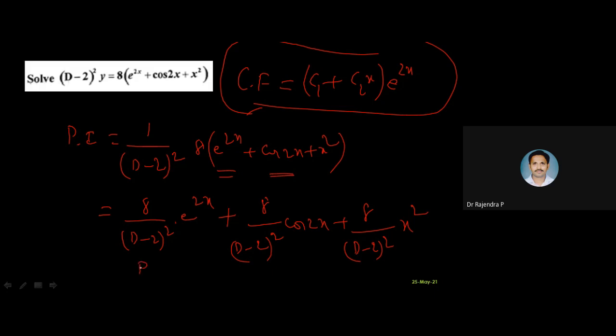So this is particular integral 1, this is particular integral 2, this is particular integral 3. So we have taken in the same problem three different cases, and we have done this type of problem as the first problem.